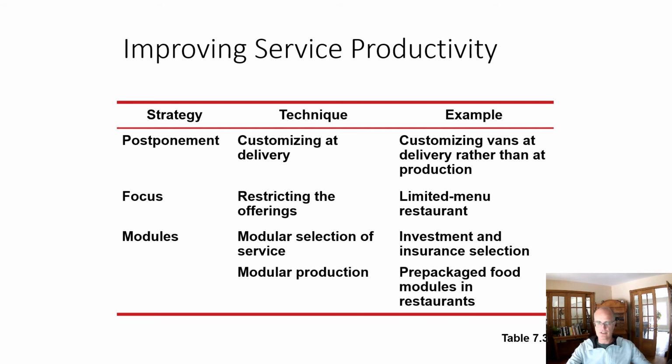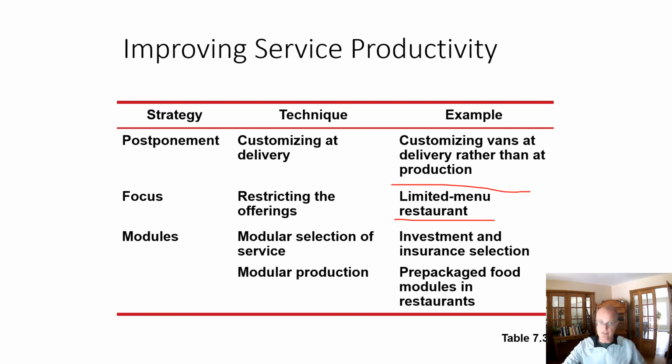Focus, restrict the offerings, limited menu restaurants. You limit the menu, it goes more quickly. We're seeing a lot of that in COVID, not only because of ease of interaction with customers, it's quicker to do pickup, some things pick up better than others, but also because of space in the back.